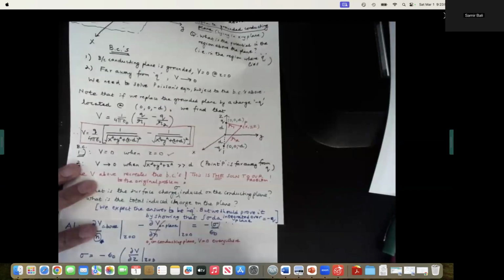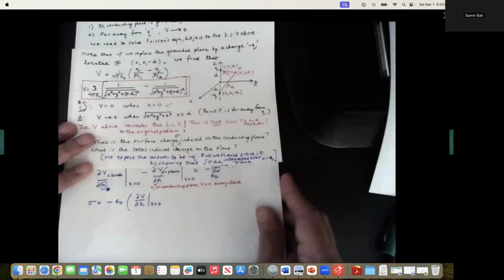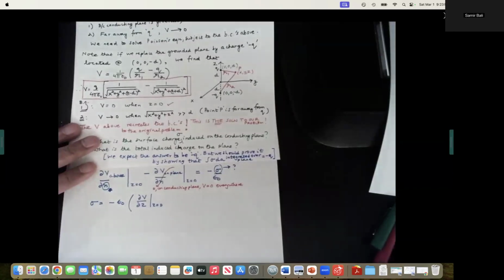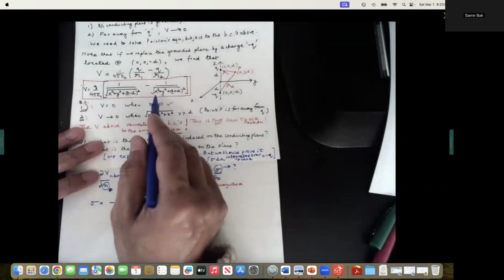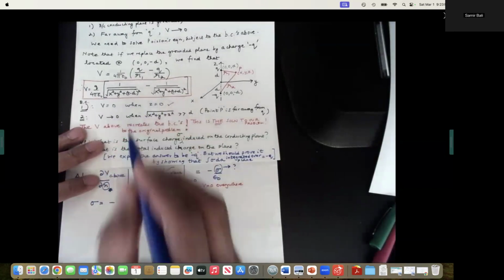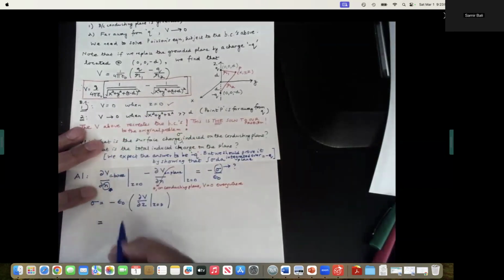Okay, all right. So then I'm just left with this, and that's all I need to look at. I have the potential written down here, and you can easily calculate the derivative, minus epsilon naught.